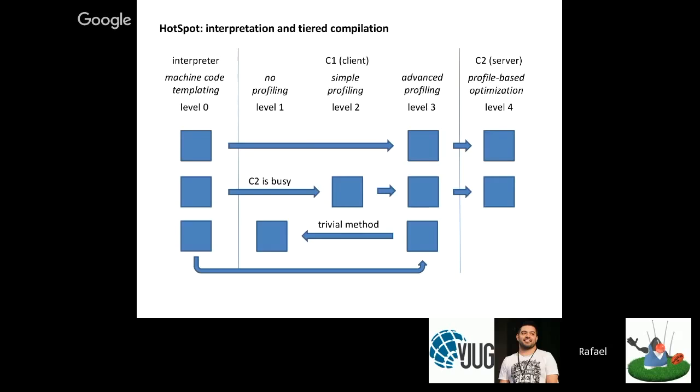So these 3 life cycles are the typical life cycles of a Java method throughout an execution. And given the system here, it is of course very difficult to reason about performance in a Java program because you don't really know, or you can know, but typically you don't know where a method is. So if you write, for example, a benchmark, you might measure it first in level 0, then in level 3, and then level 4.